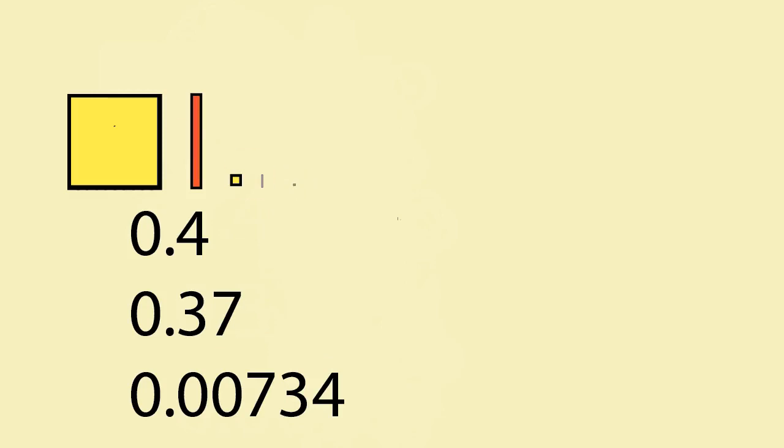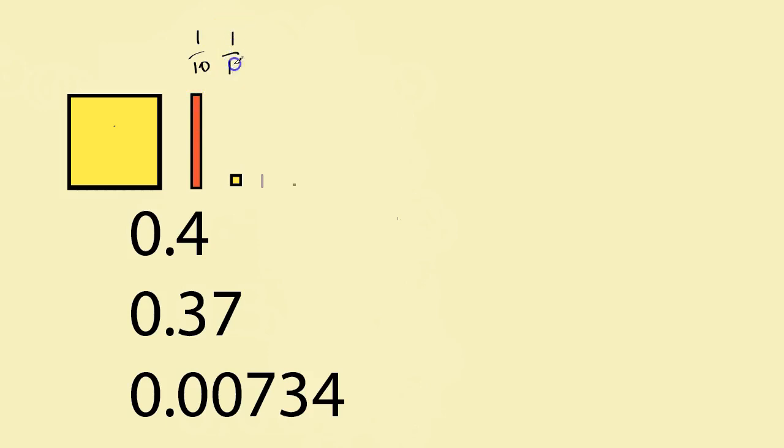So let's think. How much is that? Well, this is 1/10, because we took a whole and split it into 10 pieces. This is even smaller, it's 10 times smaller. It's a tenth of a tenth.